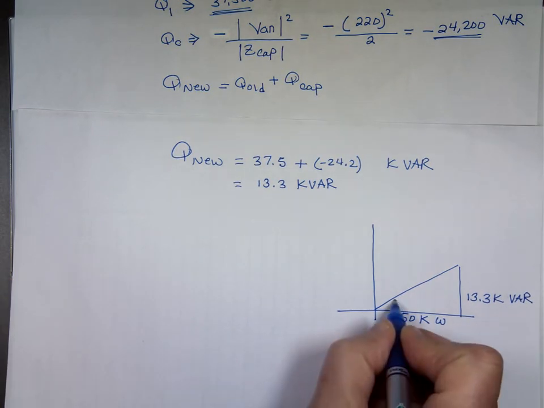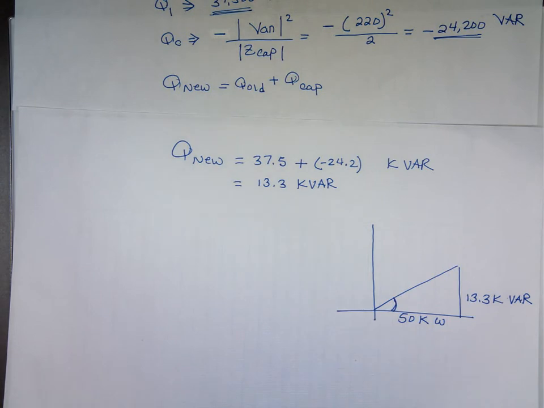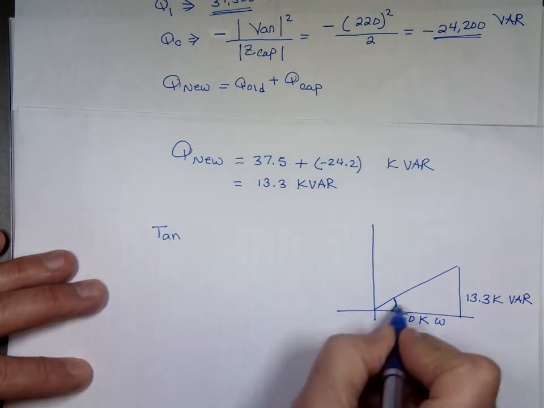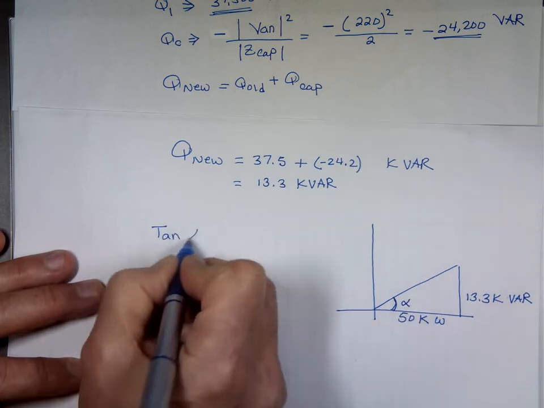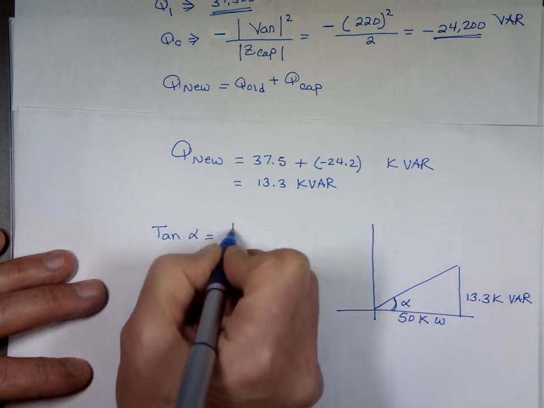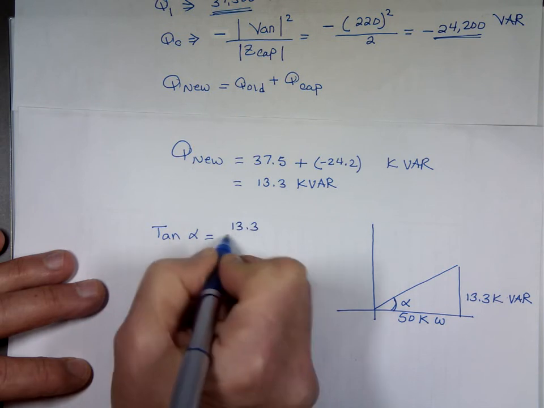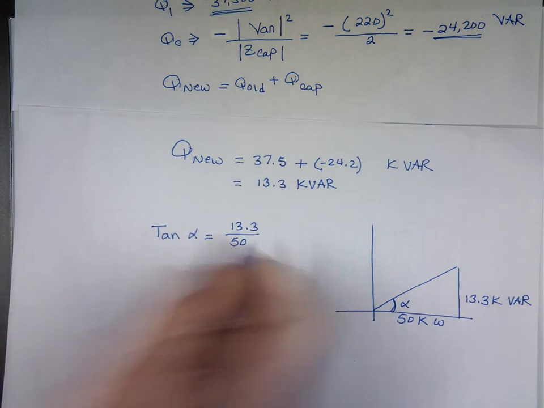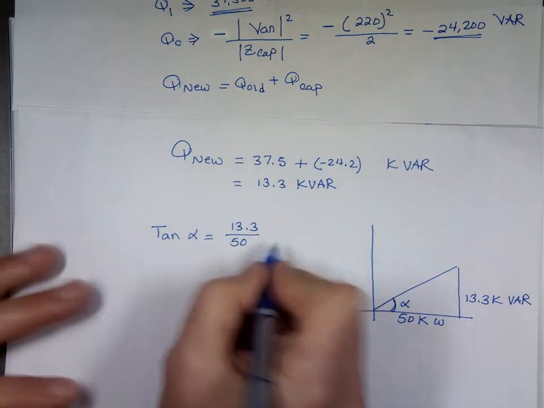Can we figure out what this angle is? If you know that new angle, you take the cosine of it, and that's your power factor. So tangent of alpha is the opposite, which is 13.3, divided by the adjacent, which is 50. That's 0.266.